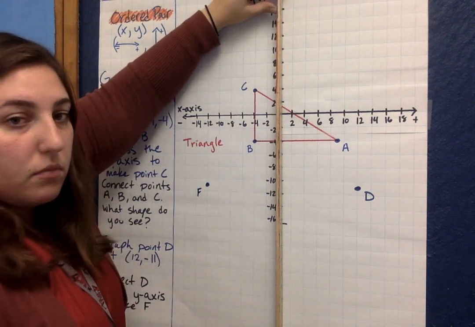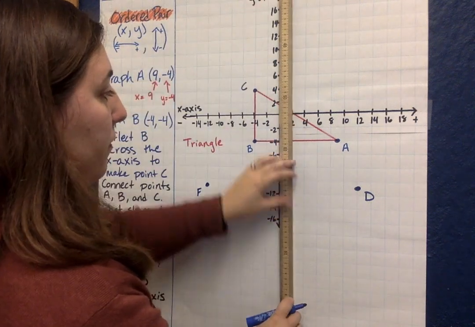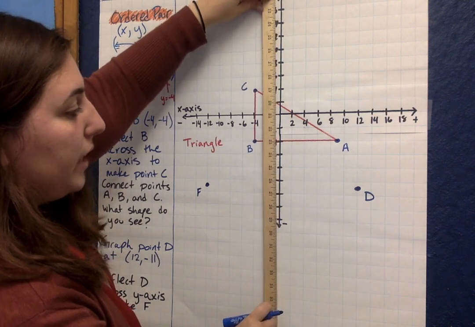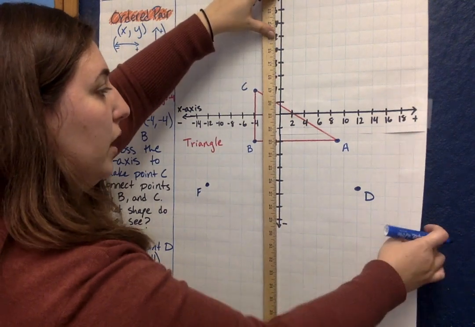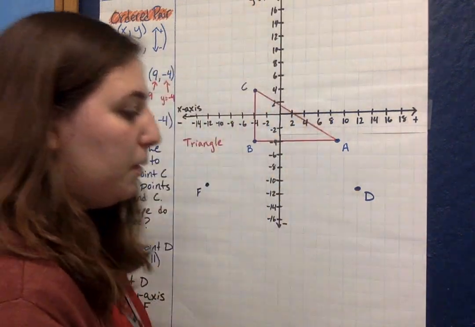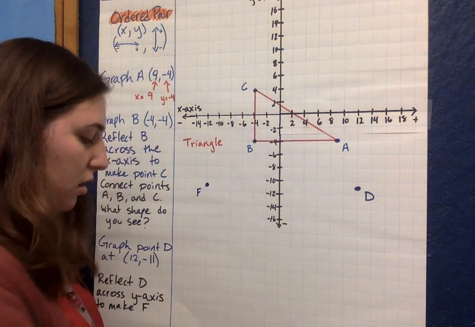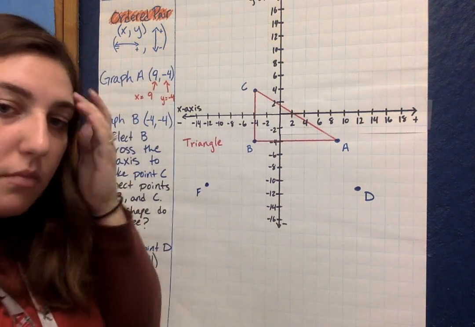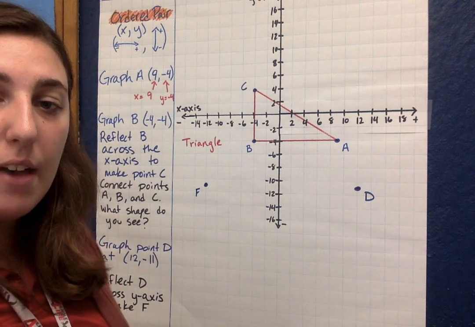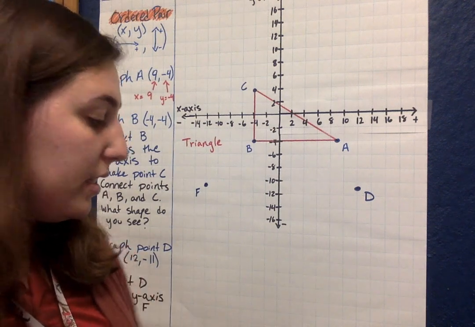All right, so don't forget that D is on this side. Pretend you're turning it and folding it over to get F. Okay, so if we turn this, and my paper would turn, then we would be at F. All right. So now that we've made points D and F, the reflective point of D, let's find the distance.